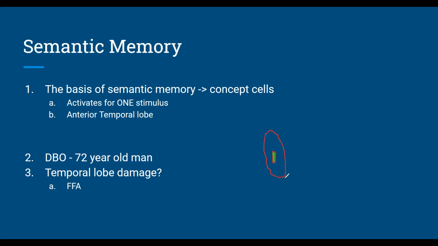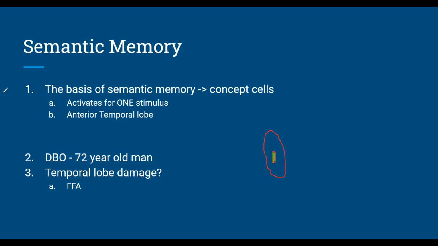The purpose of the fusiform face area is to identify faces. What can happen is there can be a small lesion, or an area of damage, in this area. Damage to the fusiform face area results in a really cool disorder called prosopagnosia.